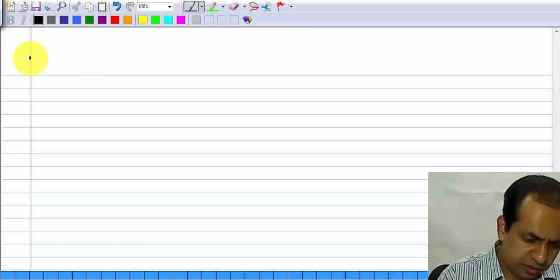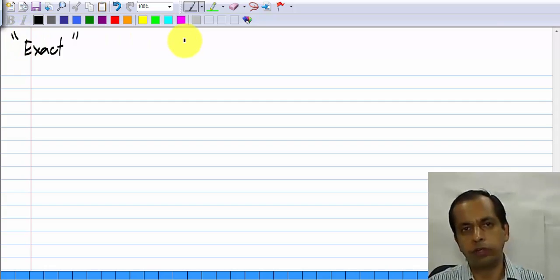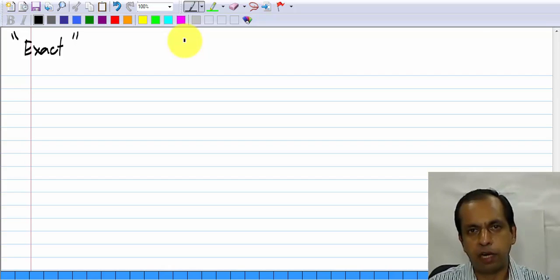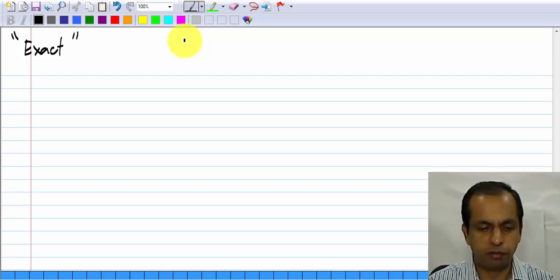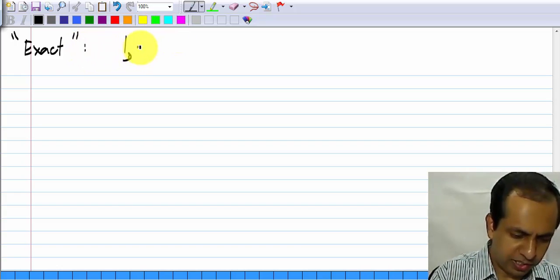So, to summarize, we have the exact characteristics of the diode, and this exact I will put in quotes because this is still an idealized version of the diode characteristics, and in a practical diode you will have other non-ideal features. But as far as we are concerned, this is the exact characteristic.